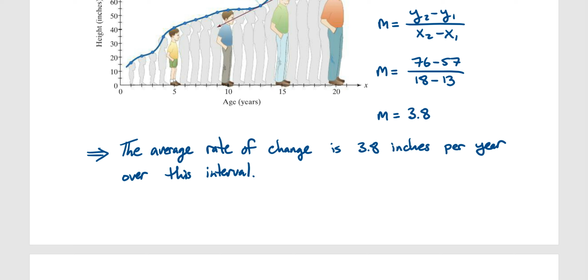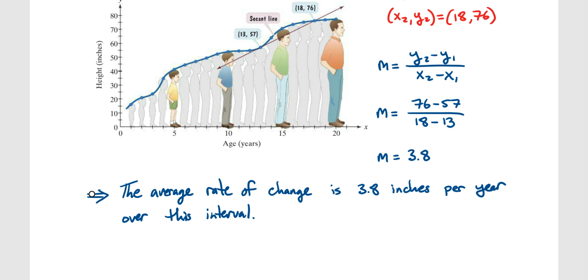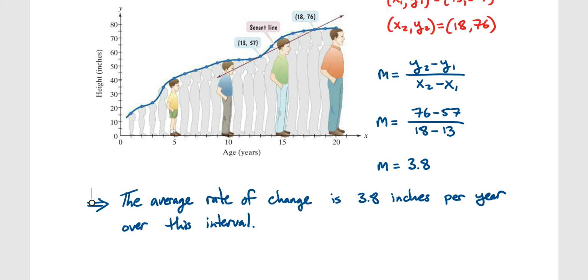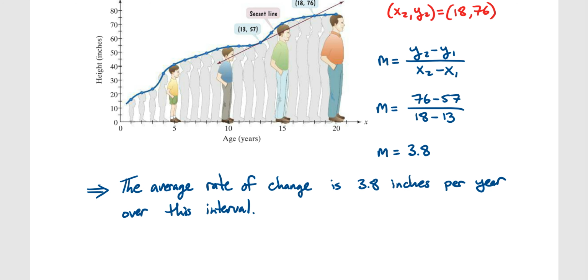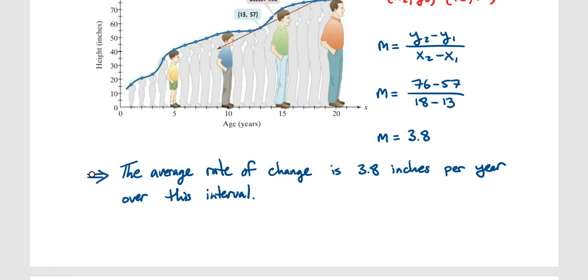We would say the average rate of change is 3.8 inches per year over this interval. That means on average, he grew 3.8 inches for every year from when he was 13 to when he was 18. Even though this is clearly not linear growth, not a straight line, we were still able to find the average rate of change over an interval using the slope formula.